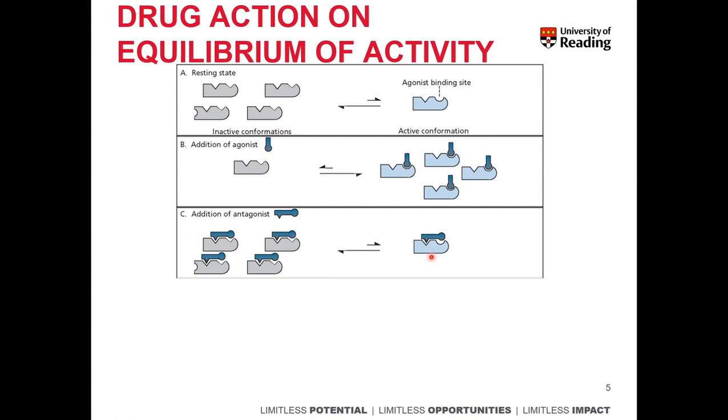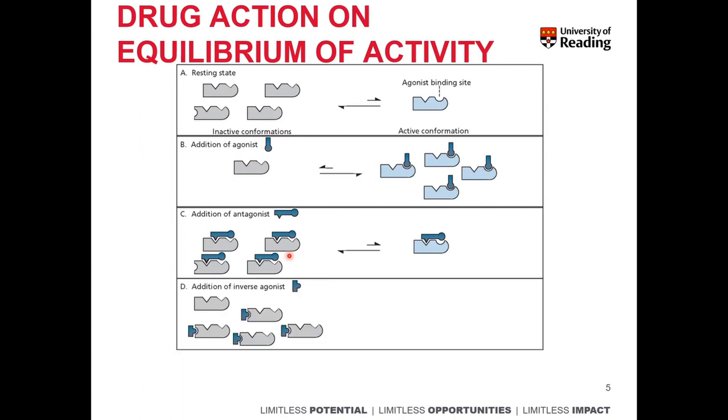So the receptor is still able to be flexible, and a very small population will be active. This is the same as in the absence of any agonist or antagonist. But it means that we block the interaction of the natural messenger molecule.